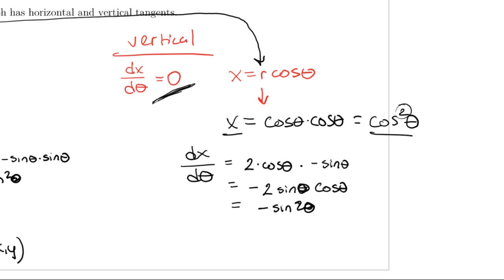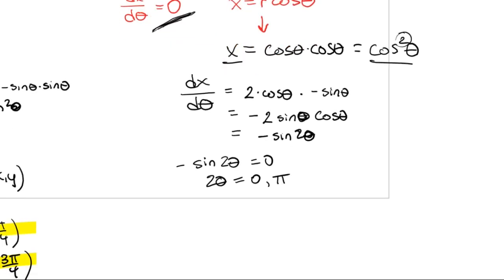So if we want dx d theta to equal 0, we're going to do negative sine of 2 theta set equal to 0. So that is going to be when 2 theta is equal to 0, or pi, dividing by 2, you will see that our theta is equal to 0, pi over 2. And then we need some points again.